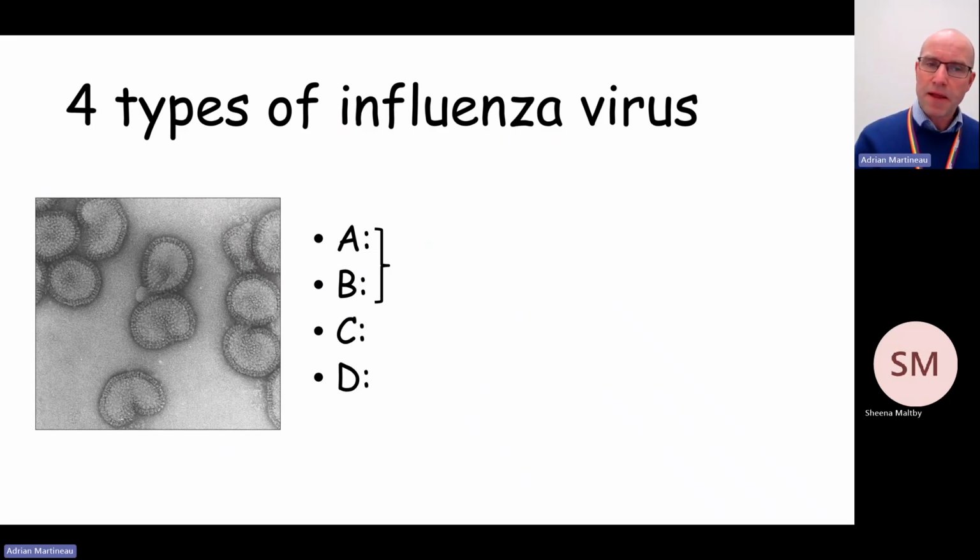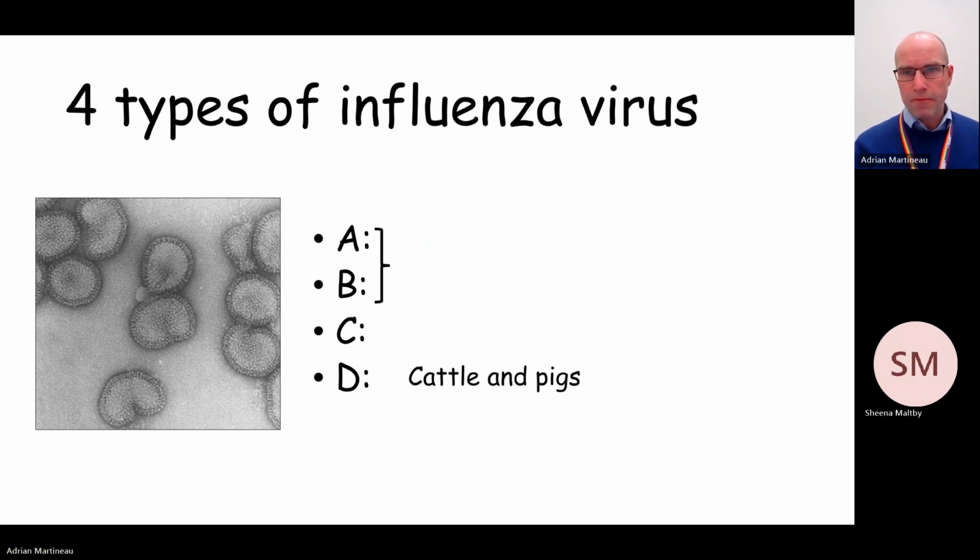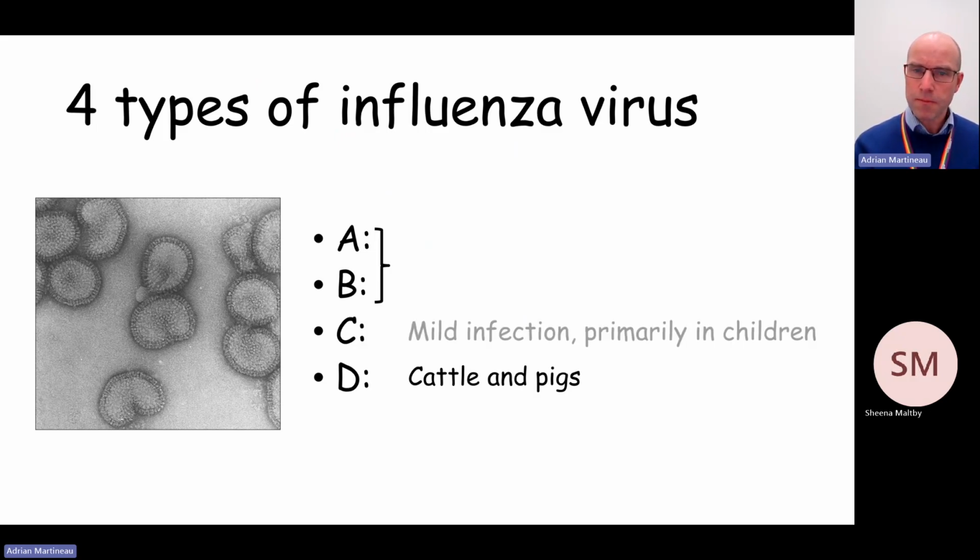virus. And so I thought I'd start this little talk by refreshing your memories about types of influenza virus, which are named A, B, C, and D. Now, working from the bottom, influenza virus D primarily affects cattle and pigs, so we don't have to worry about it too much as a human pathogen.